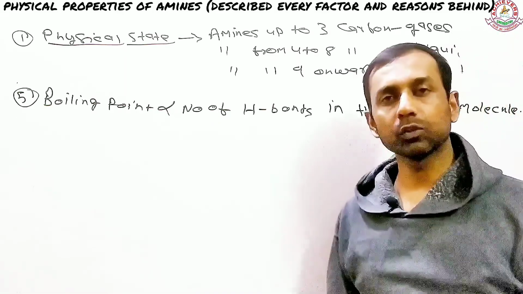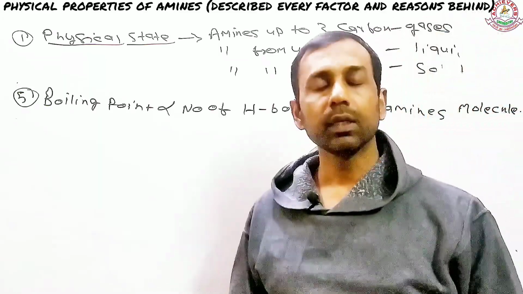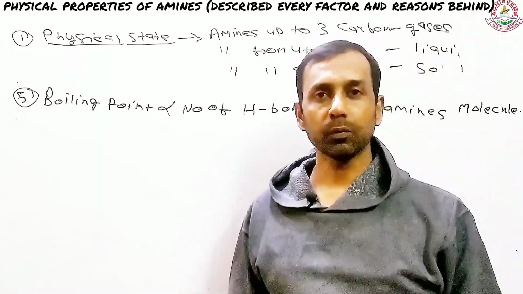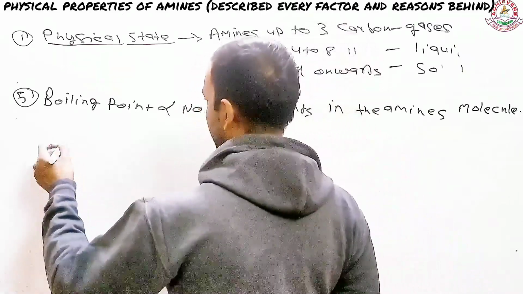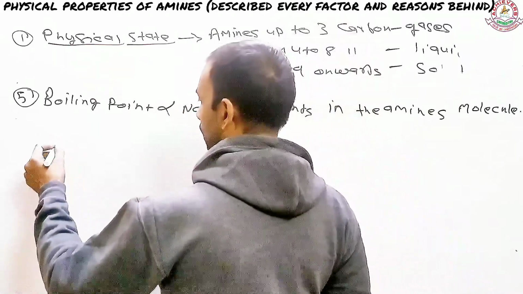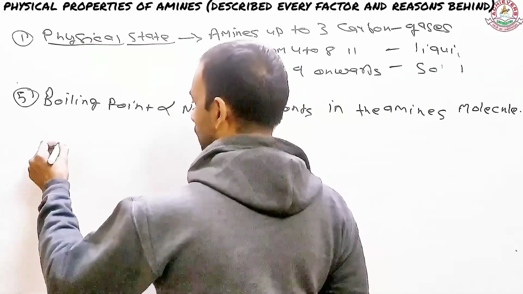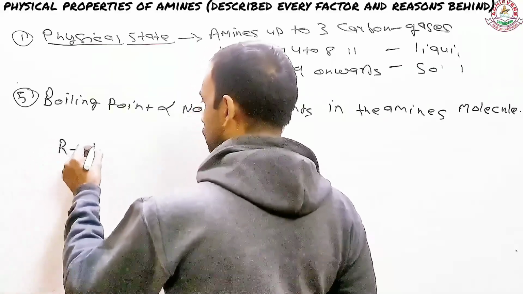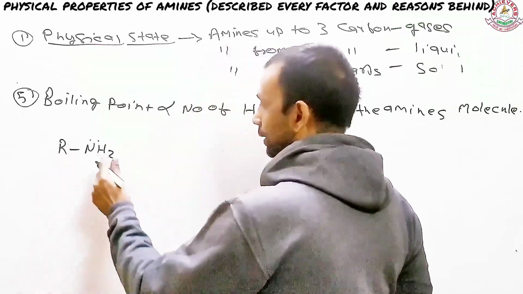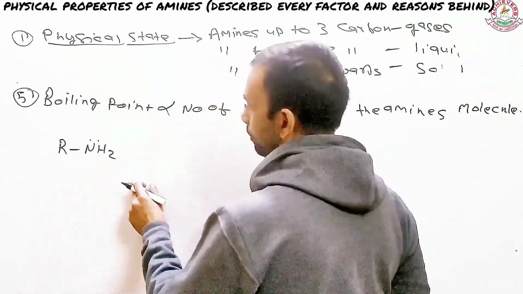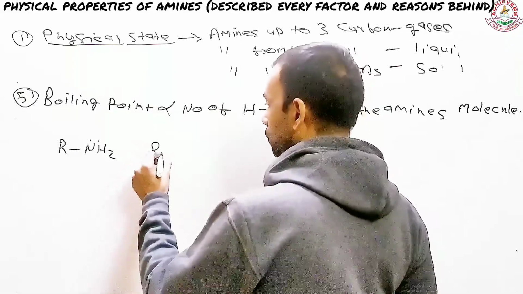The more the number of hydrogen bonds an amine can form, the greater will be the boiling point. How does this look? Suppose I'm talking about RNH2, this can form two hydrogen bonds.